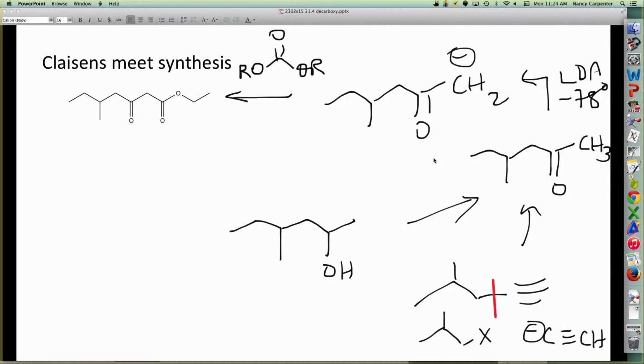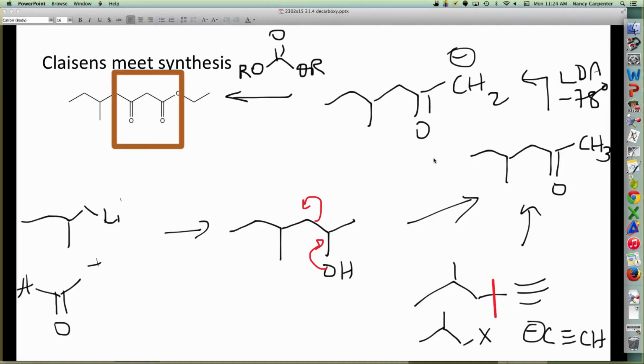If I go the alcohol route, of course, we know we can do all manner of disconnections to make this, say, from that organolithium plus this aldehyde, and so on and so forth. So we can go back and back and back. But basically, the first step backwards, that's telling us it should be a Claisen.